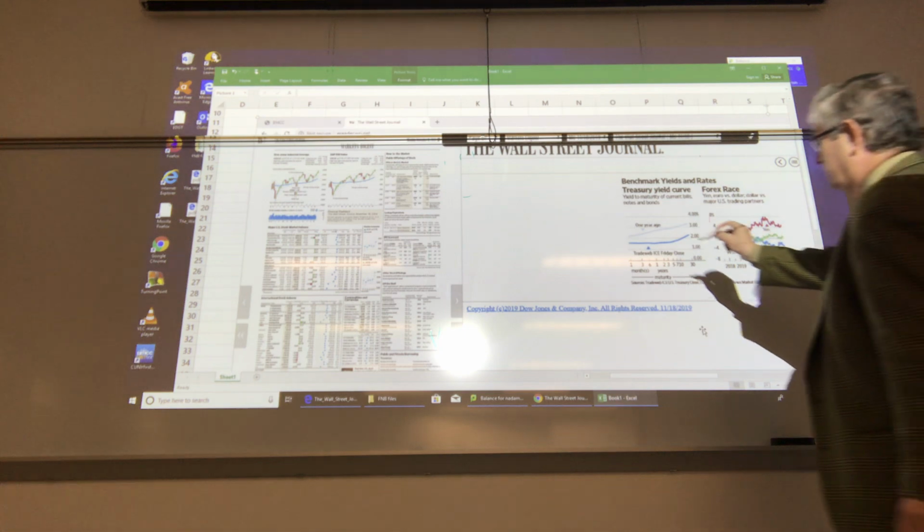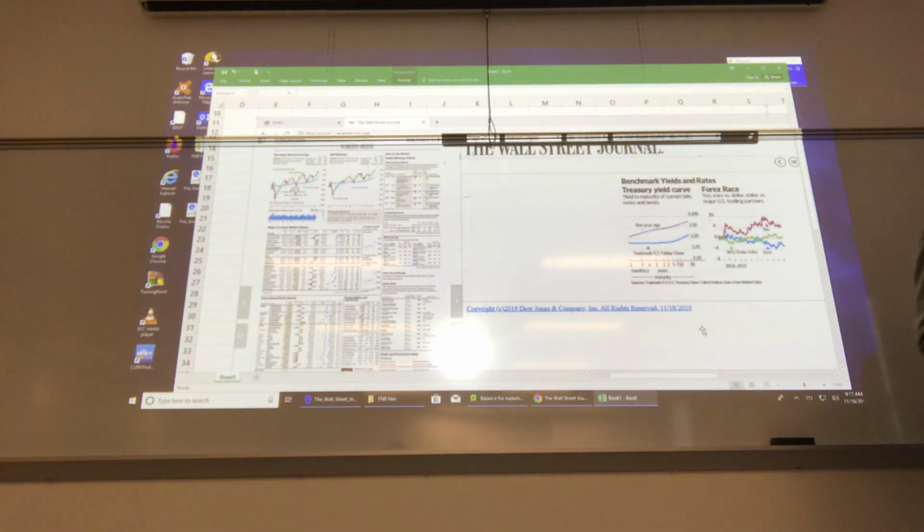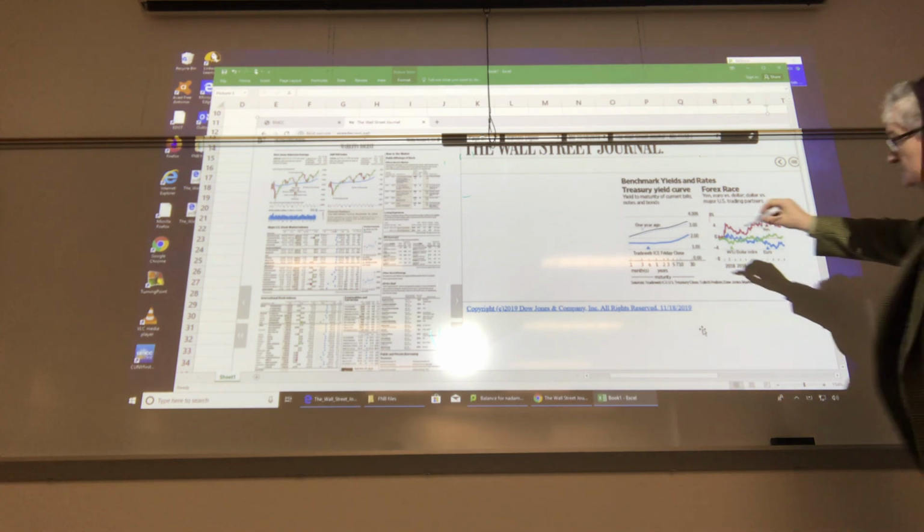The normal curve is as if I have money for a longer period, I would get a higher reward. But that happens in normal periods. What is happening now?